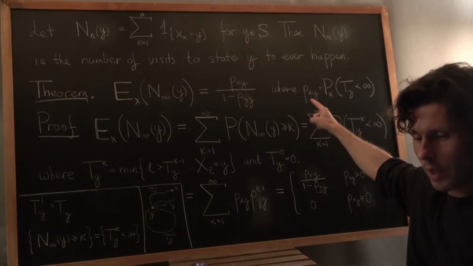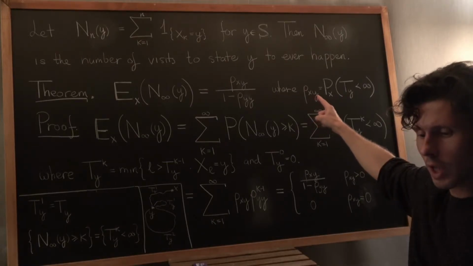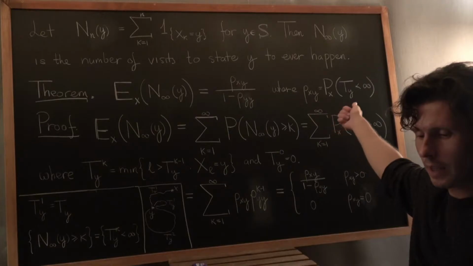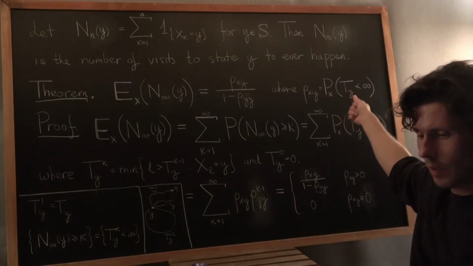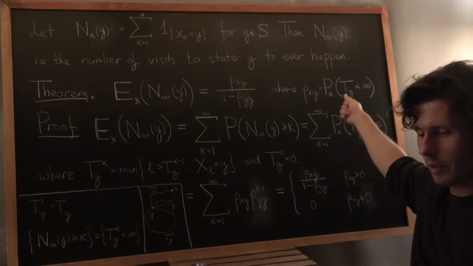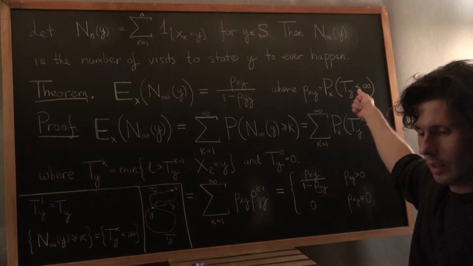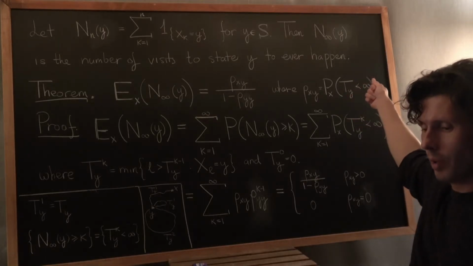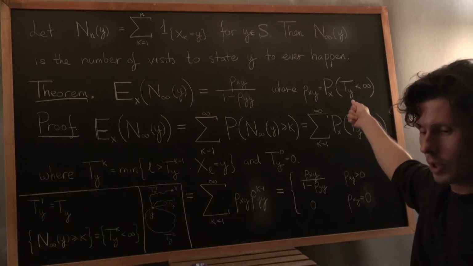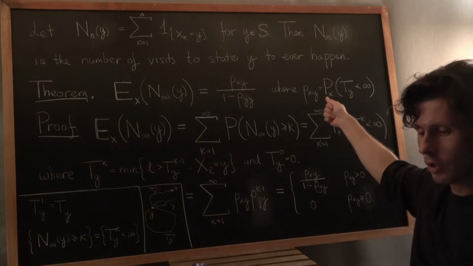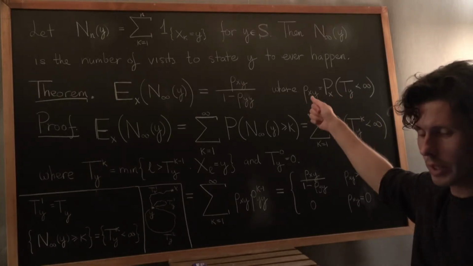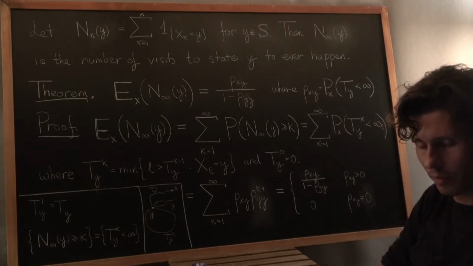Rho_xy is the probability of reaching state y from state x in finite time. This represents our hitting time of state y, the first time that we hit y, that's what T_y is. Here we're looking for the probability of whether we can reach y in finite time starting from x. So again, rho_xy is the probability that we reach y from x in finite time.